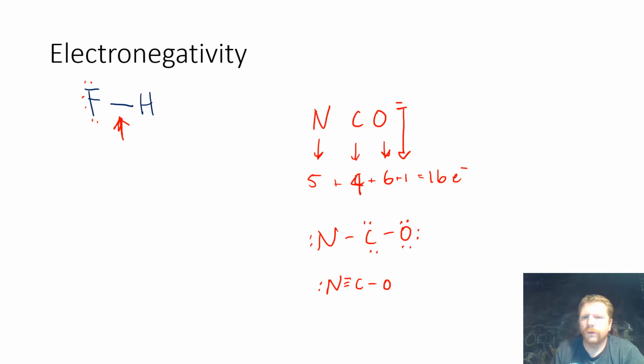2, 4, 6, 8 when we talk about our triple bond. 10, 12, 14, 16. Awesome. So this structure right here shows the correct number of electrons. But we notice that this species right here has a negative charge on it.